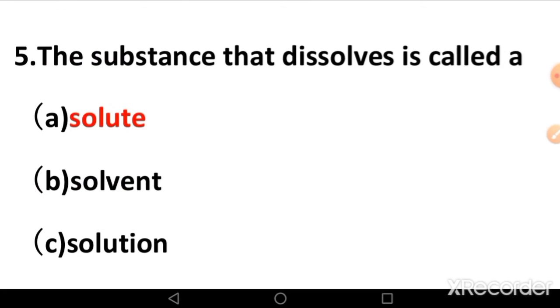Answer is option A, solute, because the substance that dissolves, means mixes into any liquid or solvent like water and milk, is called solute, whereas solvent means the substance in which the solute dissolves, and solution means it is formed when two or more substances mix together.